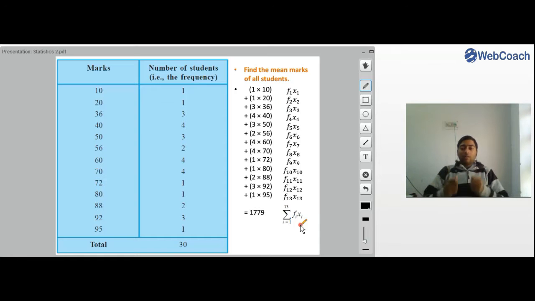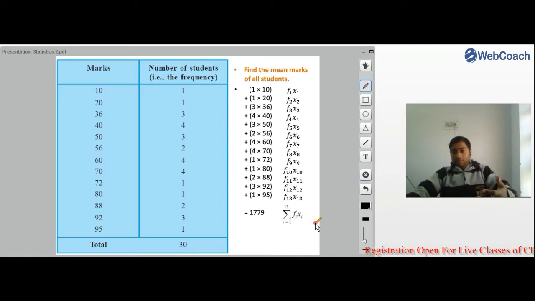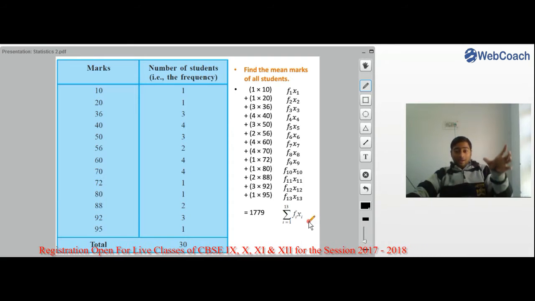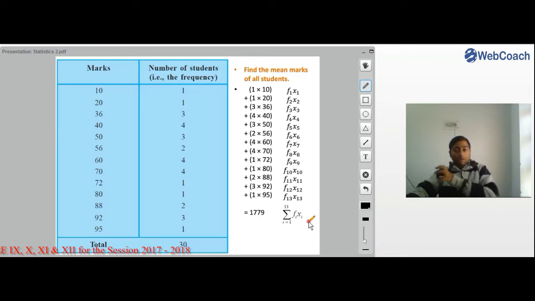Summation of fi xi, where the variable i varies from 1 to 13, and it can be expanded in this fashion, right? Or if we are given such a term, summation of fi xi where i is varying, that means every term which is a multiplication of f and x, with the suffix of i, we have to take the summation of all these terms.